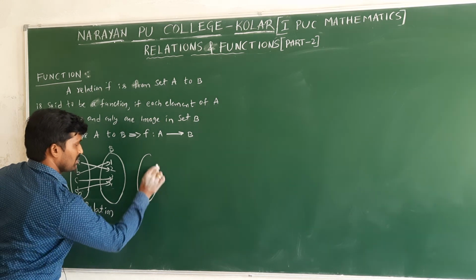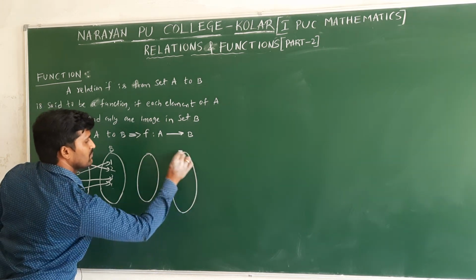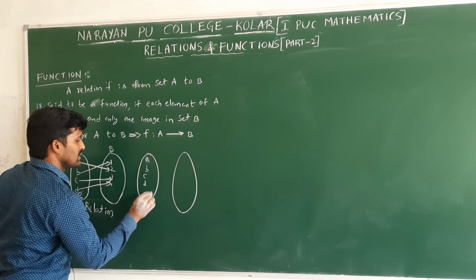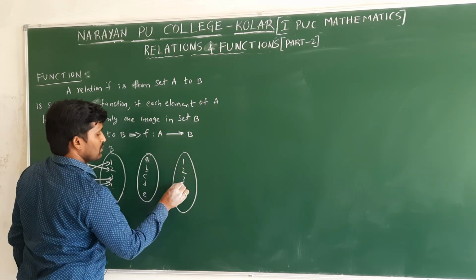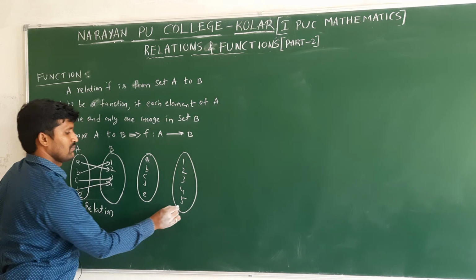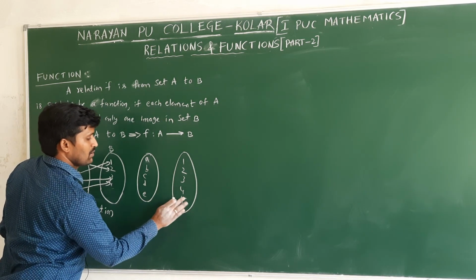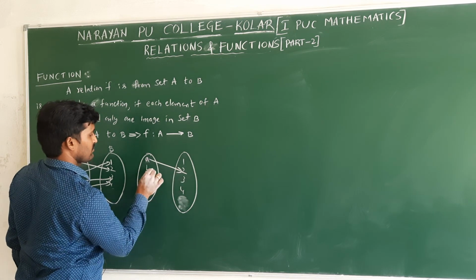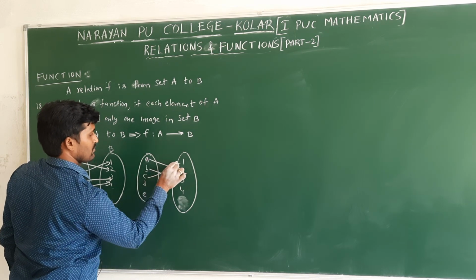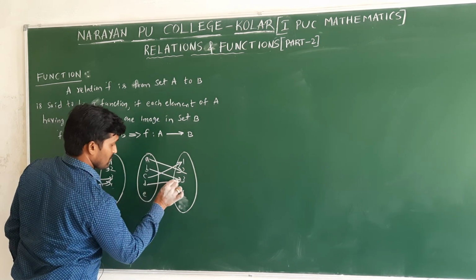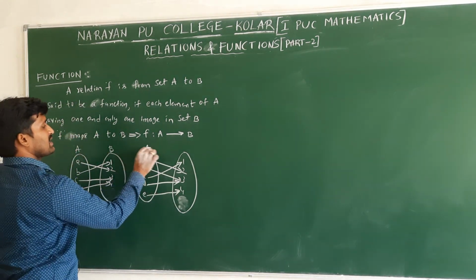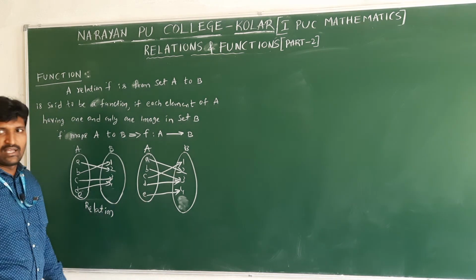Next, I will take one more example. A, B, C, D, E and 1, 2, 3, 4, 5. Here is the A set and the B set.